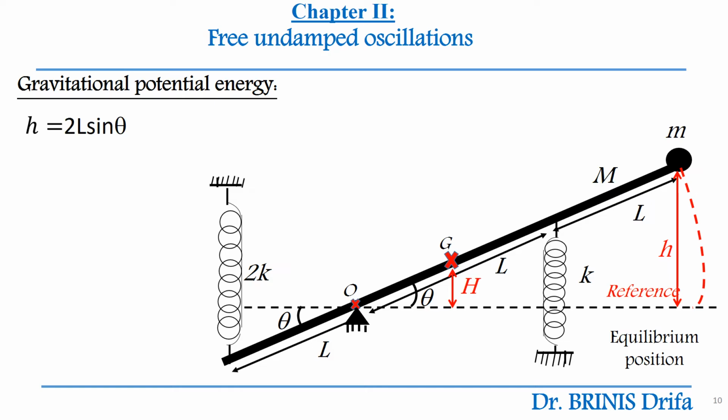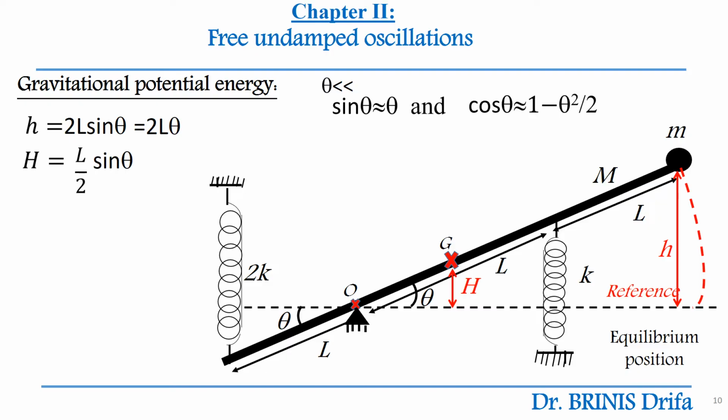You see in the picture that h is equal to 2L sine theta, which is equal to 2L theta because theta is very small, and in these conditions sine theta equals theta and cosine theta equals 1 minus theta square over 2. The capital H is equal to L over 2 sine theta, as you see in the picture.